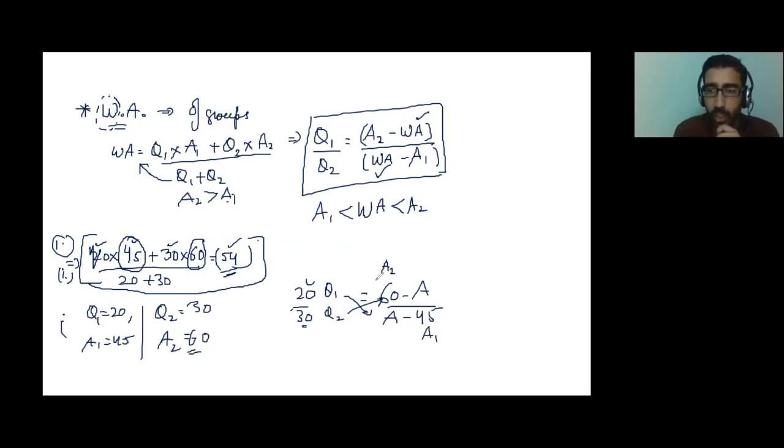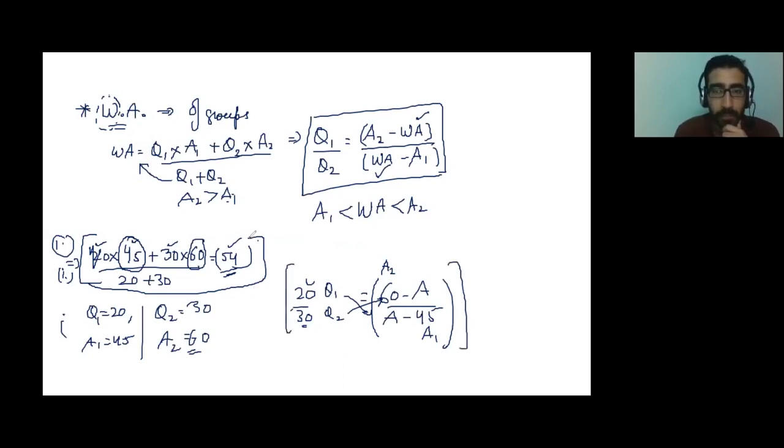Just make sure that the signs of both on the right hand side are correct. It won't be A minus 60 by 45 minus A, simply because the average lies between 60 and 45. So that's something you need to keep in mind. And yeah, that's all.